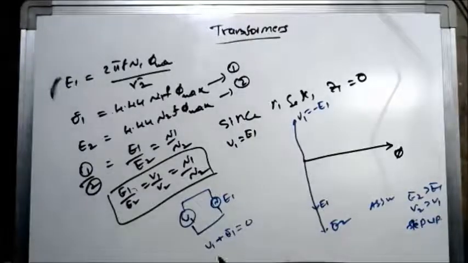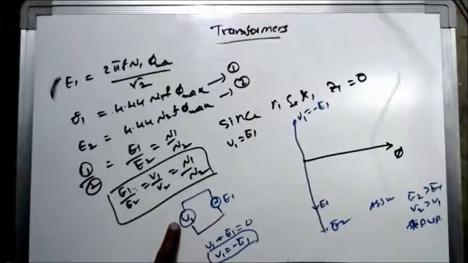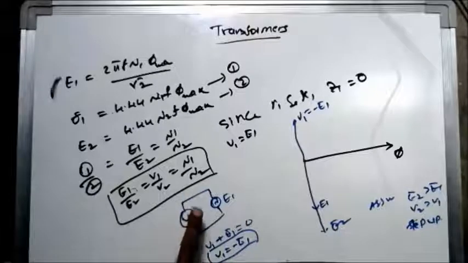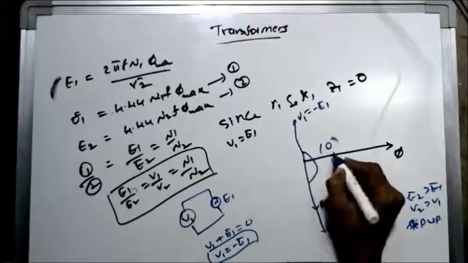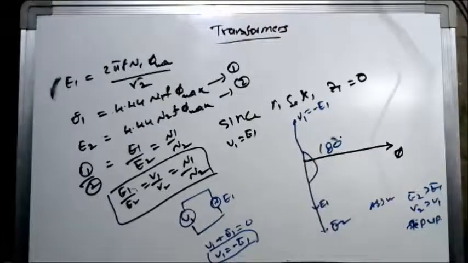So V1 is equal to minus E1. From this equation, we will say that applied voltage and induced EMFs are opposite in direction, meaning 180 degrees displacement is there between the applied voltage and the induced EMF.